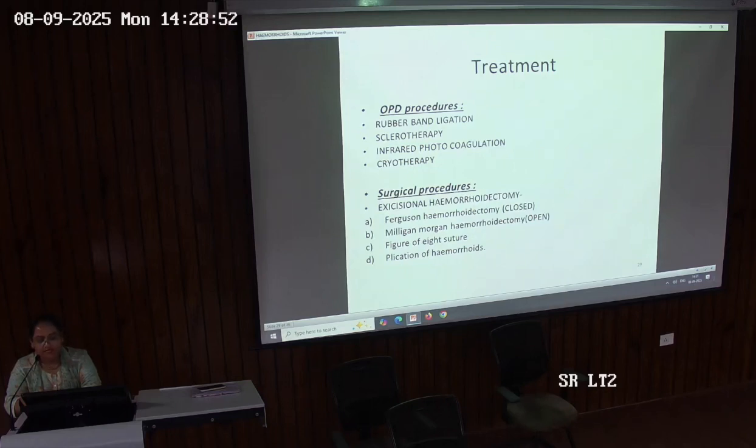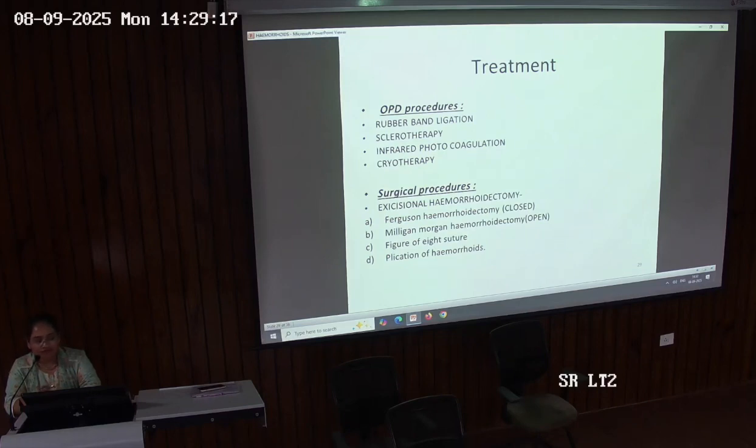In rubber band ligation, we just apply the rubber band at the base of the hemorrhoids and it will thrombose with time. In sclerotherapy, we use sodium tetradecyl sulfate, almond oil, but it is not very effective. What is infrared photocoagulation? We use photocoagulation therapy to thrombose the piles.